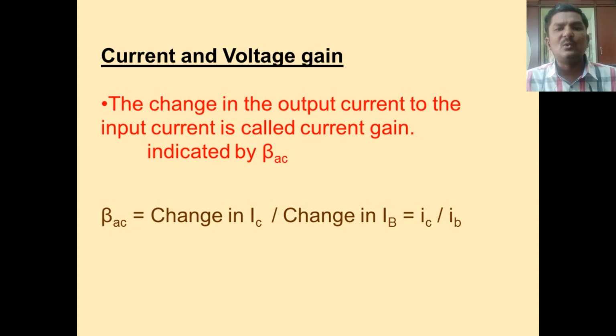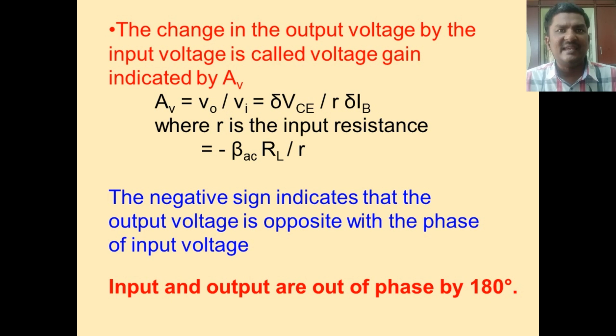So AV equal to output voltage by input voltage, or delta VCE by delta V input, or R into delta IB, where R is input resistance, or AV equal to minus beta into RL by R. This negative sign indicates that the output voltage is opposite to the phase of input voltage.